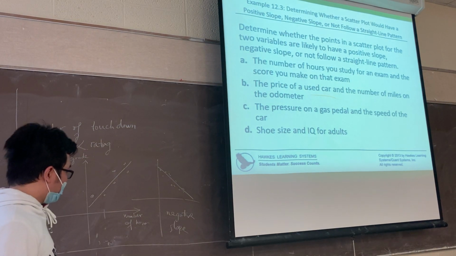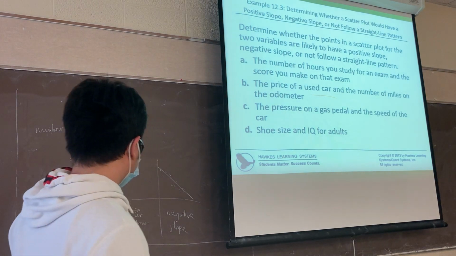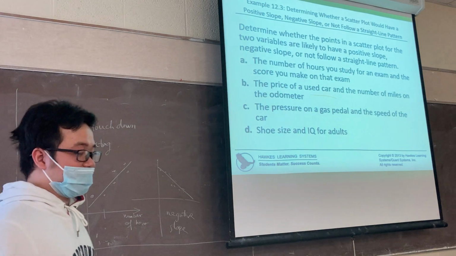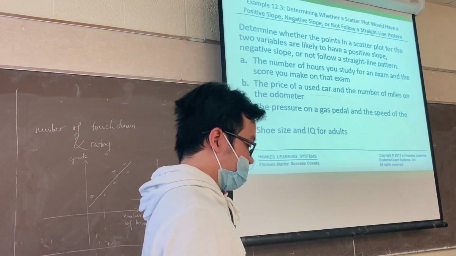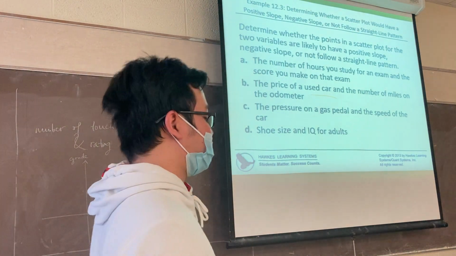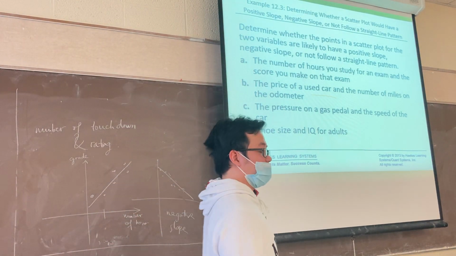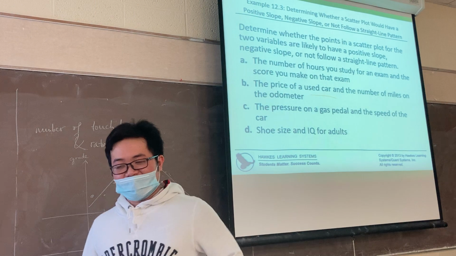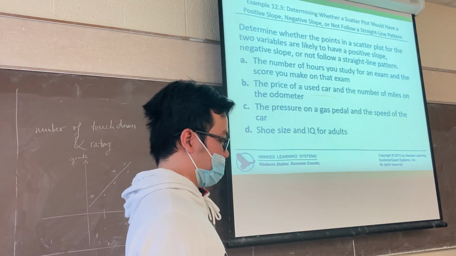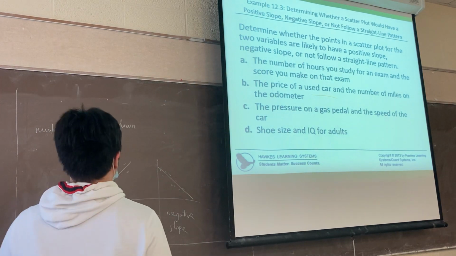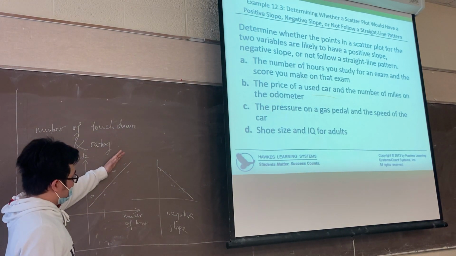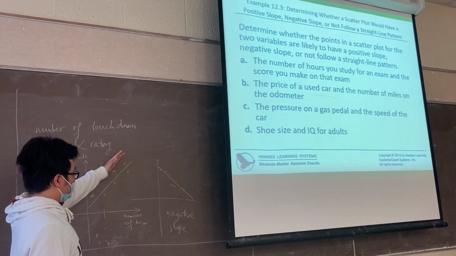If you spend a lot of time doing your homework and exercises, you will get the highest score, especially in my course. If you spend your time doing your online homework, you will get the highest score. This is a linear pattern, and it has a positive slope.